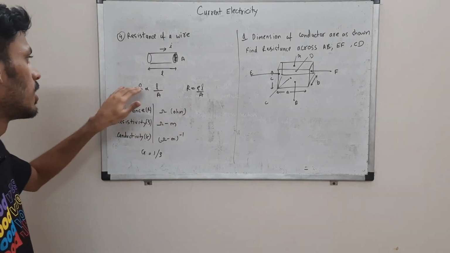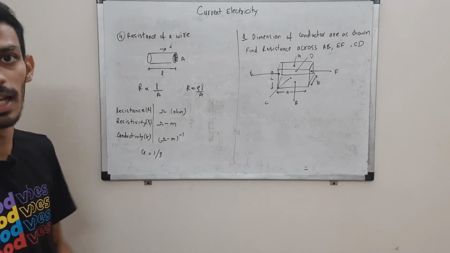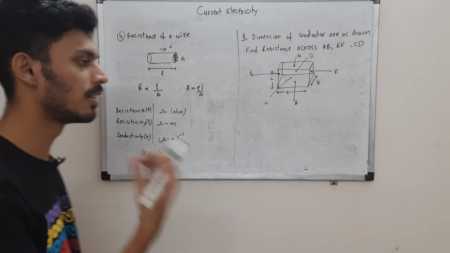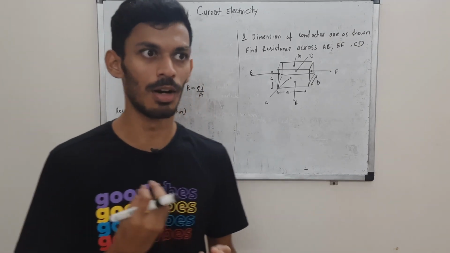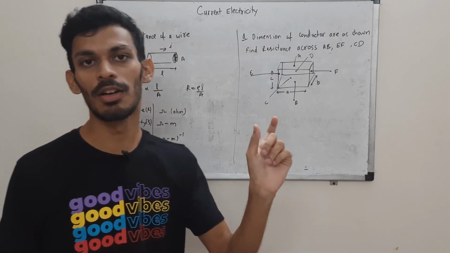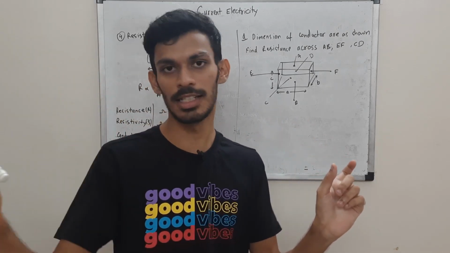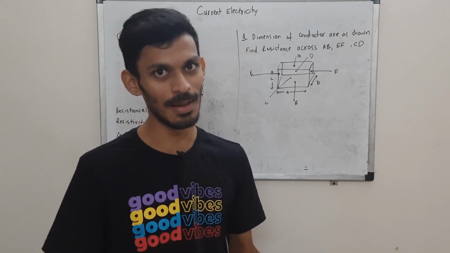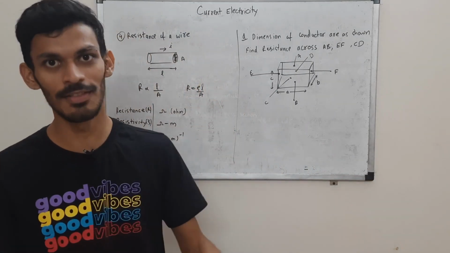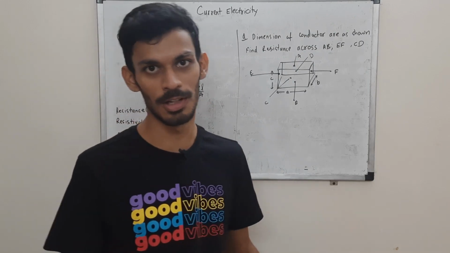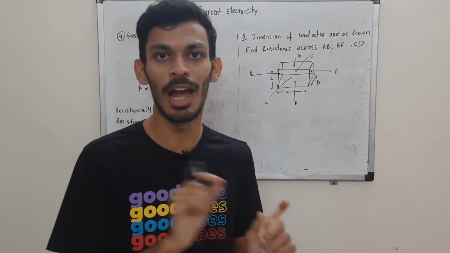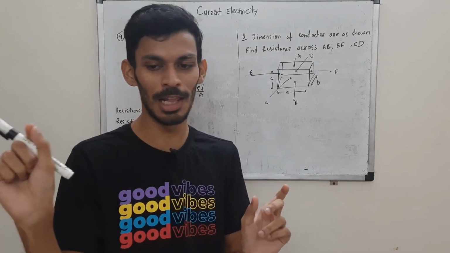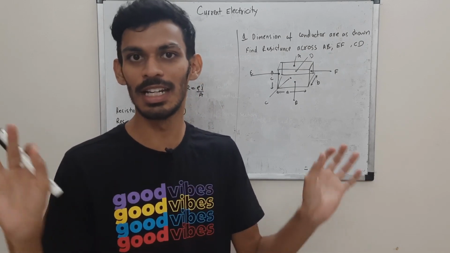And the constant of proportionality is nothing but resistivity, which is constant for a given material. Suppose you have 1 centimeter of aluminium wire and 100 centimeter of aluminium wire, their resistivity will be the same. Resistivity for a given material is constant. Aluminium, nature is same, resistivity is same.